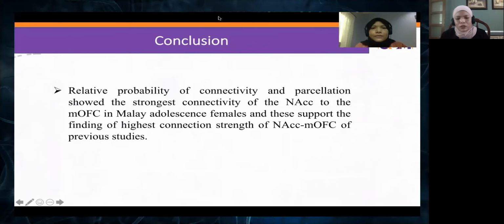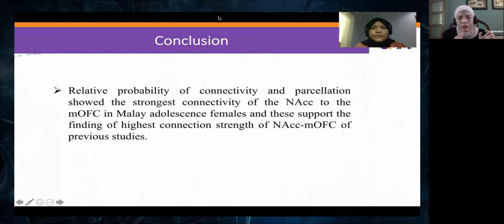This is important because I saw many reward network studies, reward circuit studies. A lot of them relate reward and addiction or reward sensitivity with this tract, NACC and MOFC. So that's why I looked at NACC as a seed.